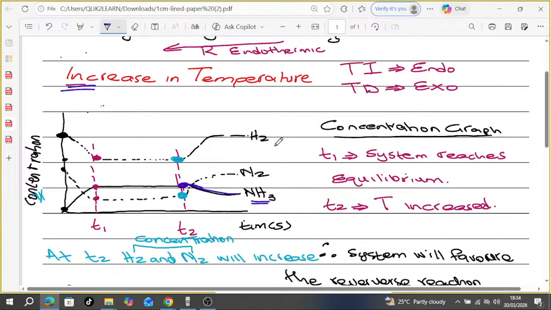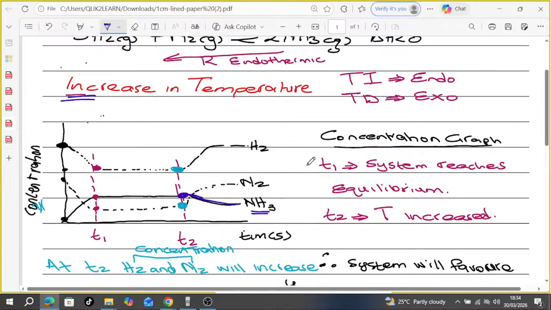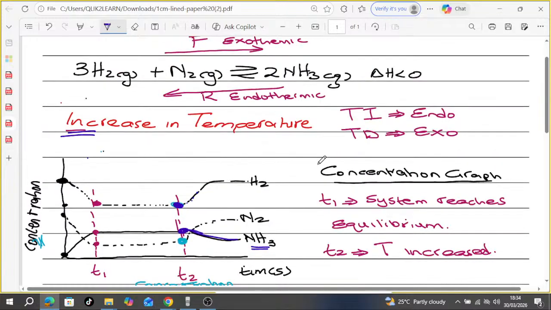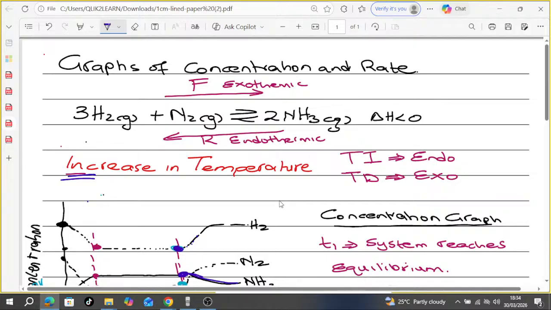Okay, look at this. First thing, I'll look at the graph and say, looking at the graph at T2, my reactants increased. Which reaction is going to increase the reactants? The reverse reaction. So this tells me that endothermic is favored, and if endothermic is favored, the temperature is increased.